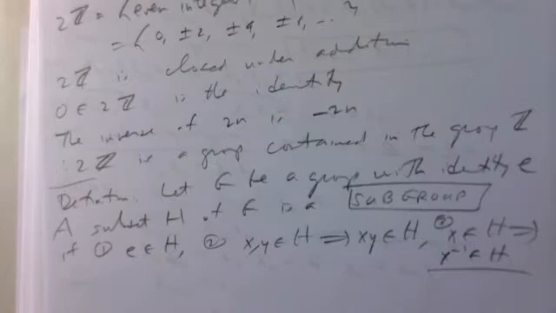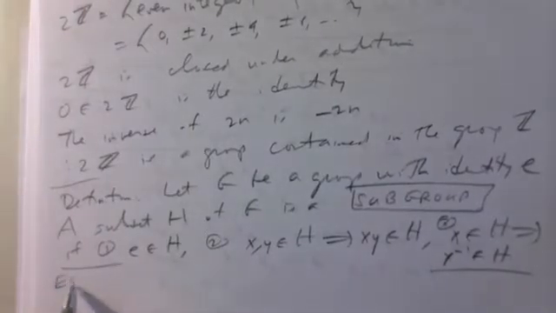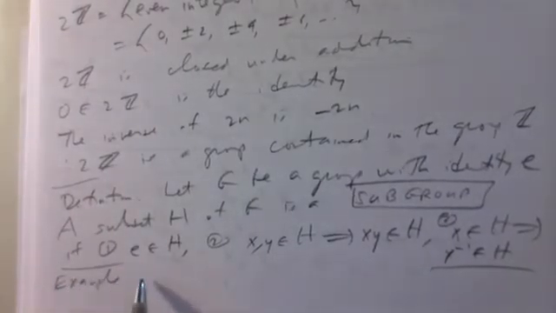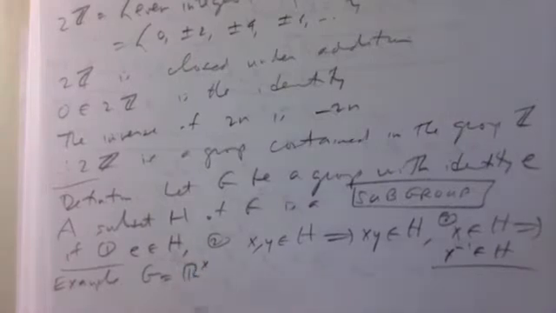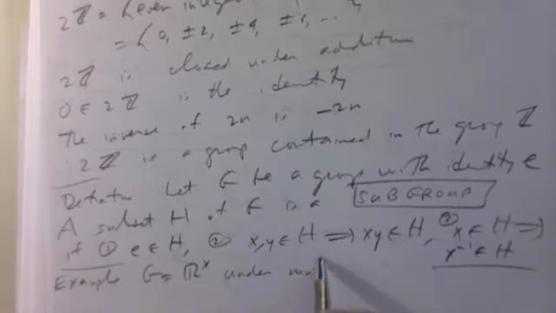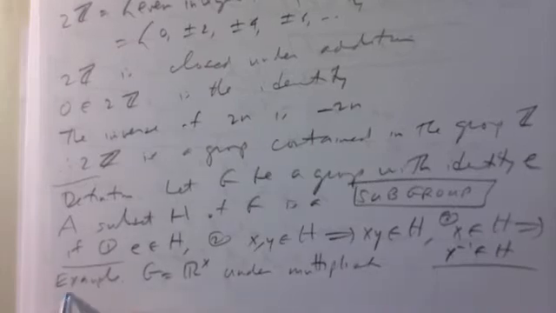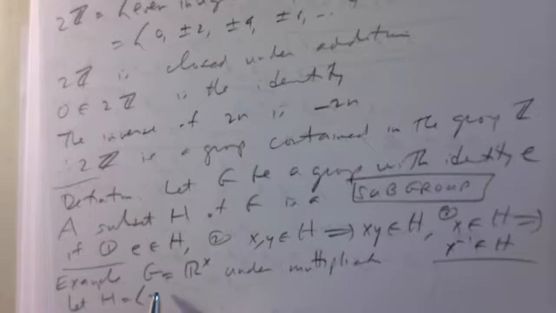So this is the definition of a subgroup. What's another example? Suppose I let G be the non-zero, let's say, real numbers under multiplication. Let H be the set of powers of 2.